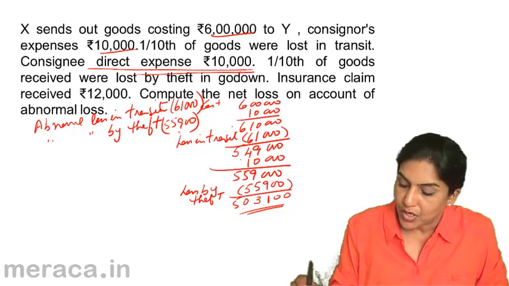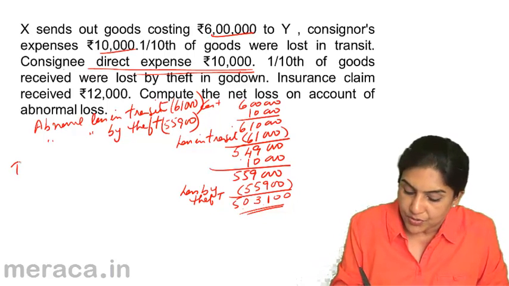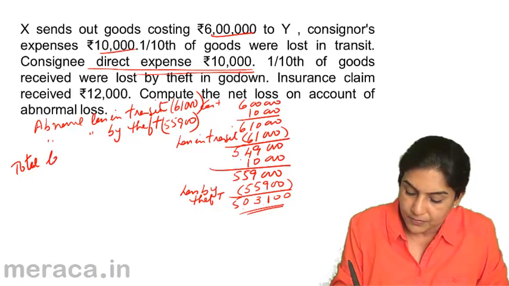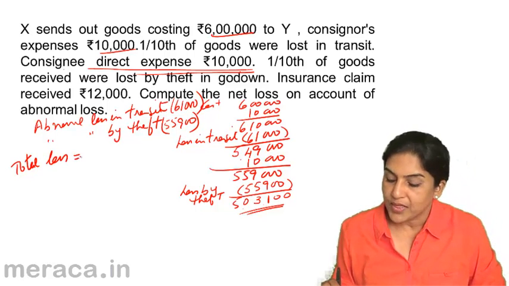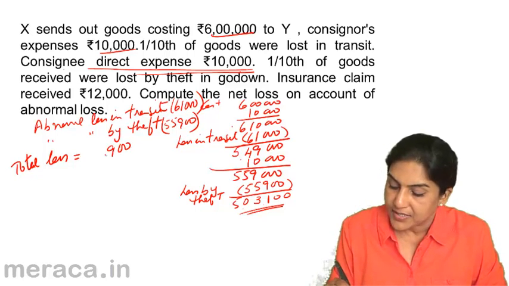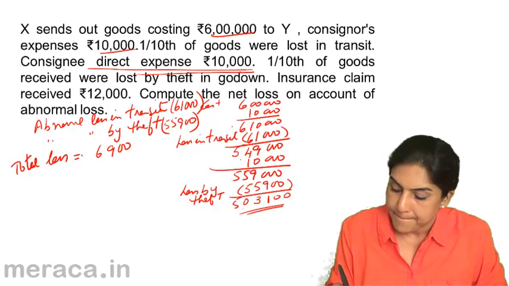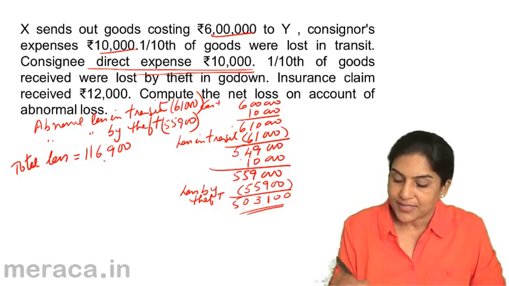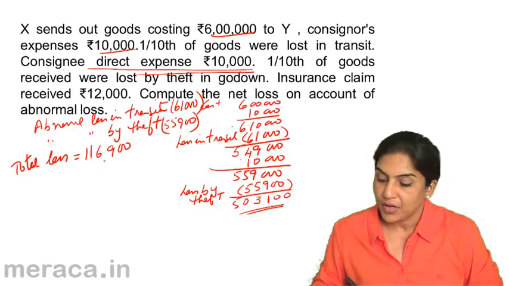So what is the total loss? 61,000 plus 55,900, giving us 1,16,900.